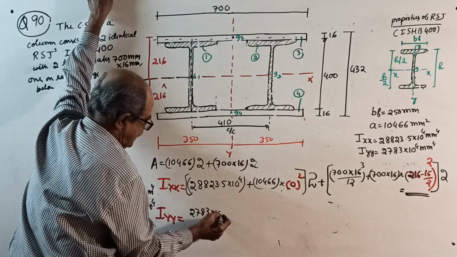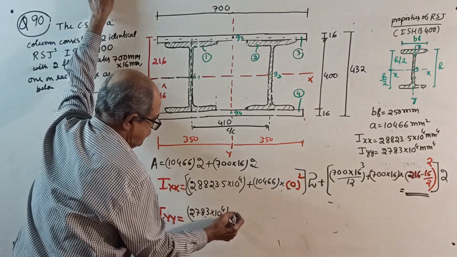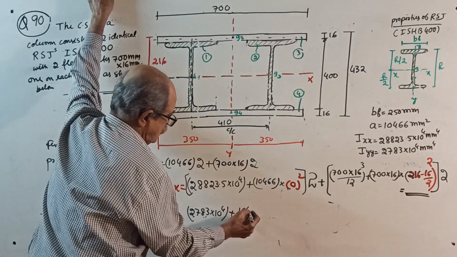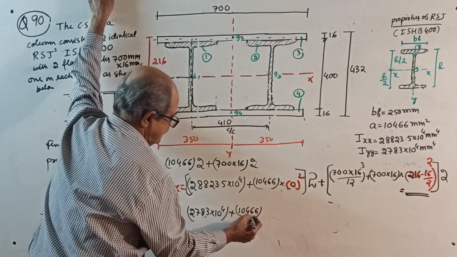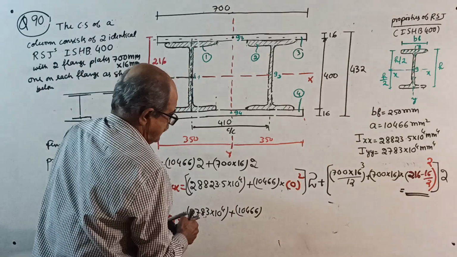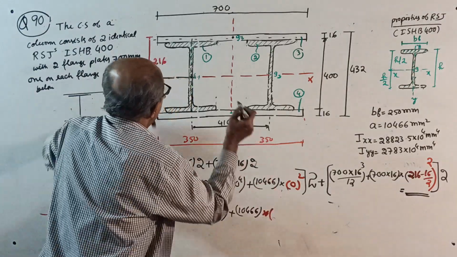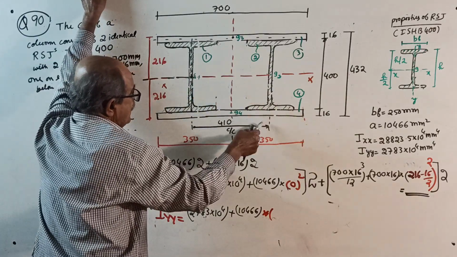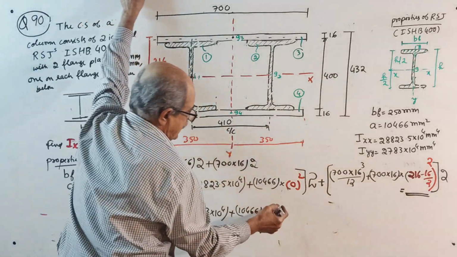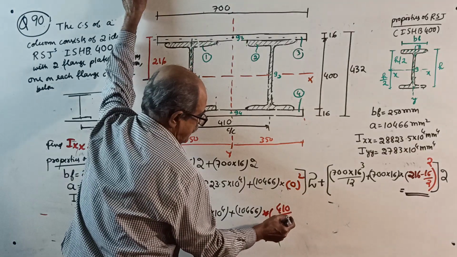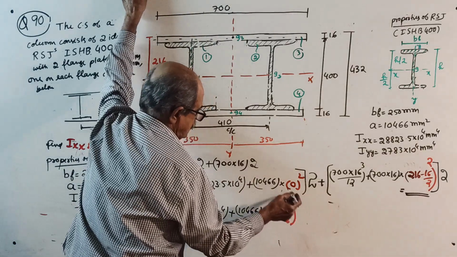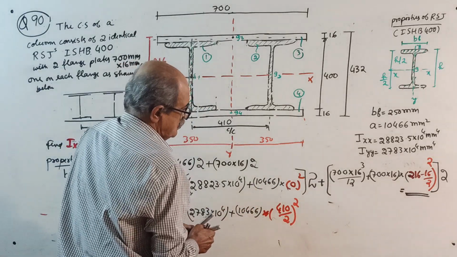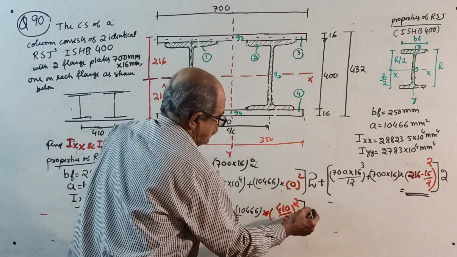That is Ig, plus area. 10466 is the area, into the distance from the centroid to YY. This distance squared is exactly half of 410, so 410 by 2 whole square, over into 2. This is for 1, multiply by 2.